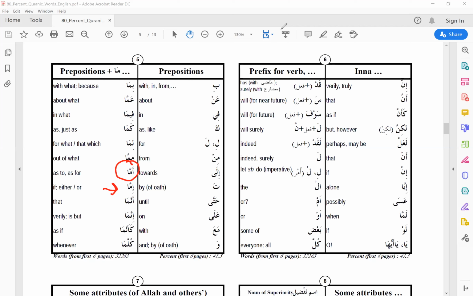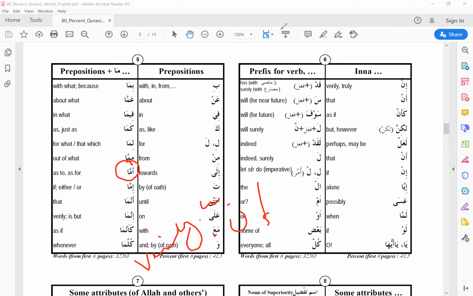So here we go. Anna ma. So remember anna ma. Now let's deconstruct anna plus ma. So we said ma would usually mean what. Anna would be more of an explanation. Anna is different than inna, because inna would mean you are saying verily, you're affirming something.